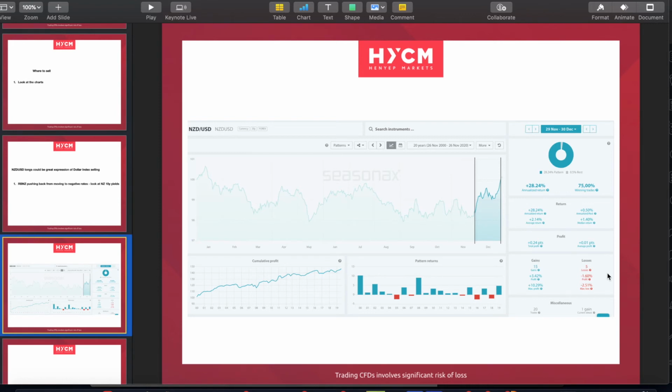The maximum loss was minus 2.51%, and the maximum gain was 10.29%. So the odds are really in your favor here with this potential currency trade. So New Zealand US dollar longs potentially look good.